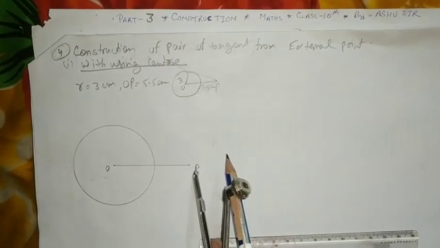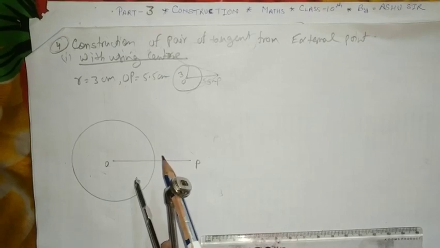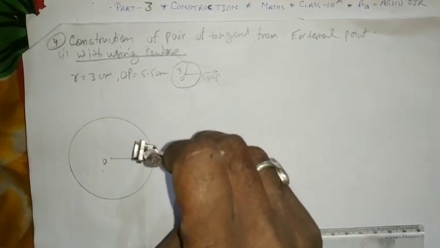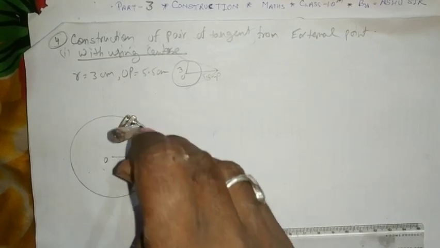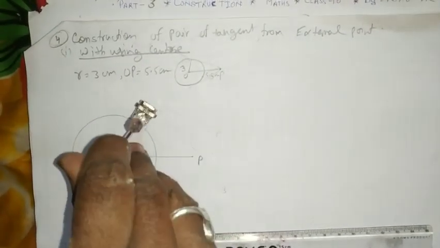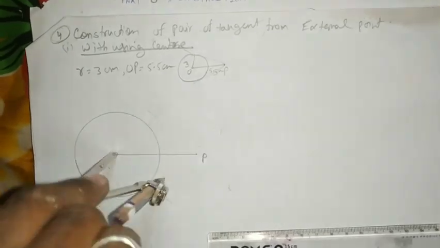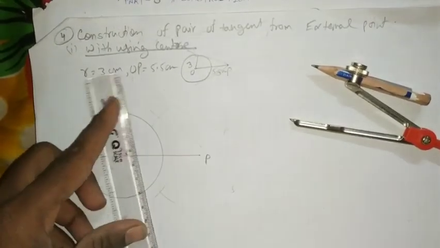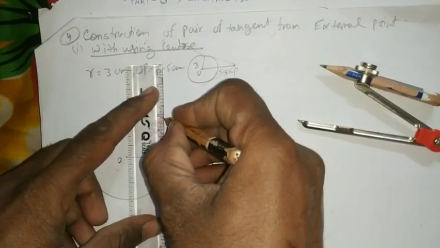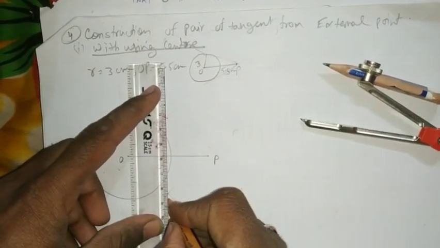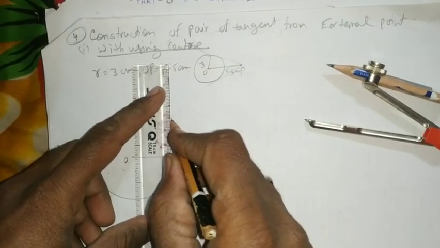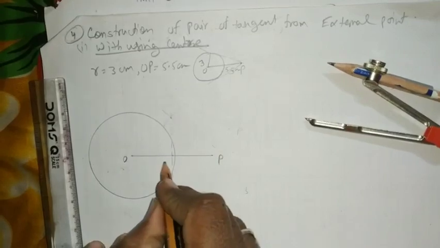If OP is the diameter, firstly we want the center. The center is the midpoint of this line segment. So we construct the perpendicular bisector of this. We only need it for this midpoint.